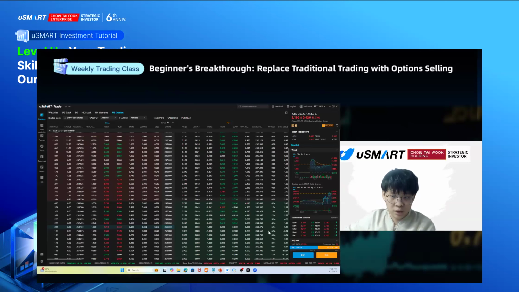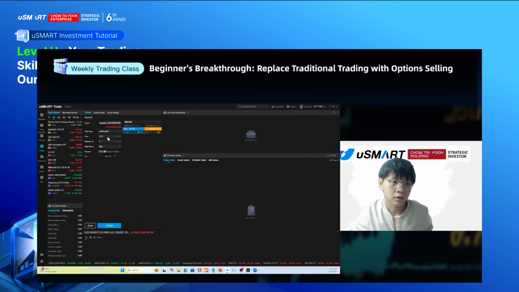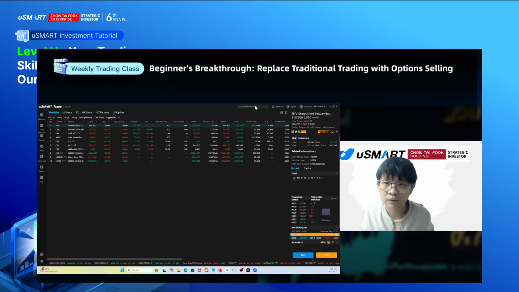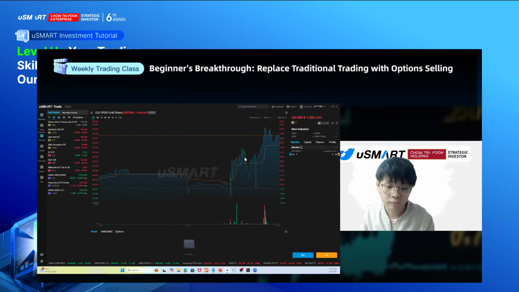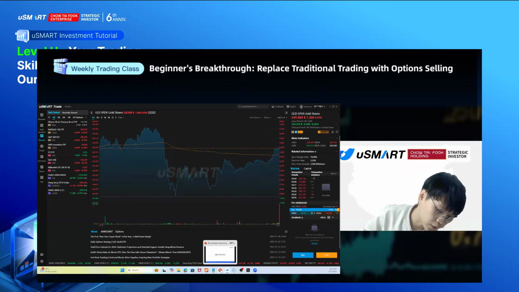Let me teach you guys a little bit more when it comes to the buying and selling. So when it comes to a sell, when you want to sell high, right? No, let's get back to the buy low first. The buy low GLD. What is the price that we want to get in again? Let me check.